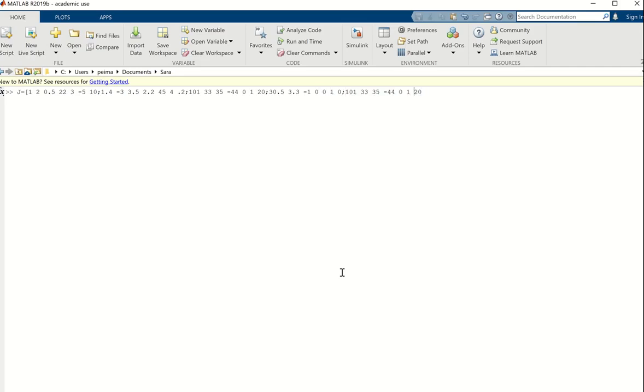And now the fifth row is going to be 22, 1.7, 9.4, minus 2, minus 1, minus 11, and 21.